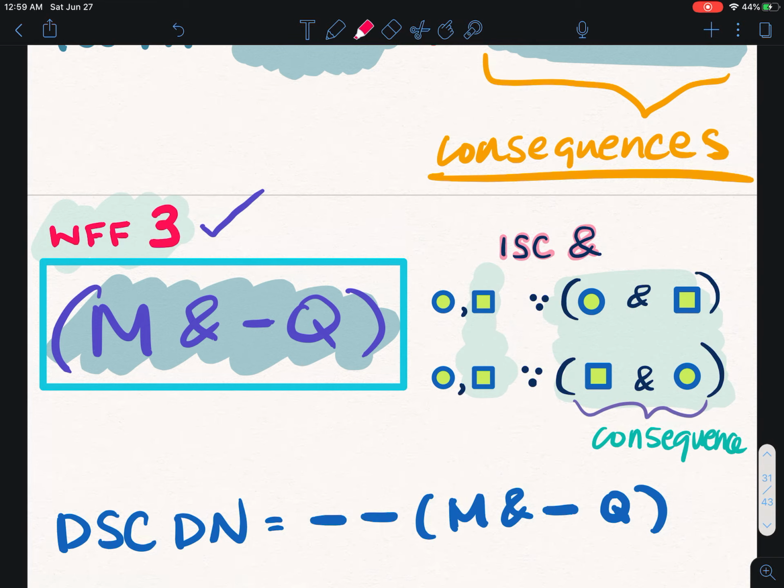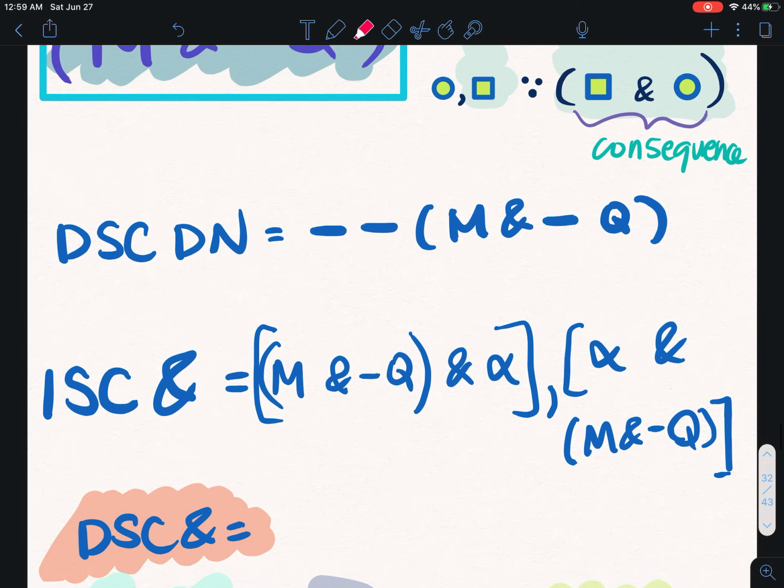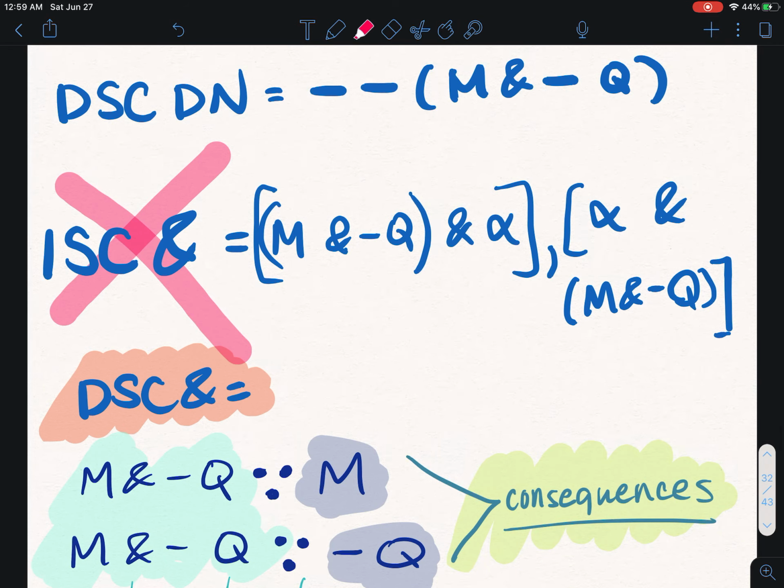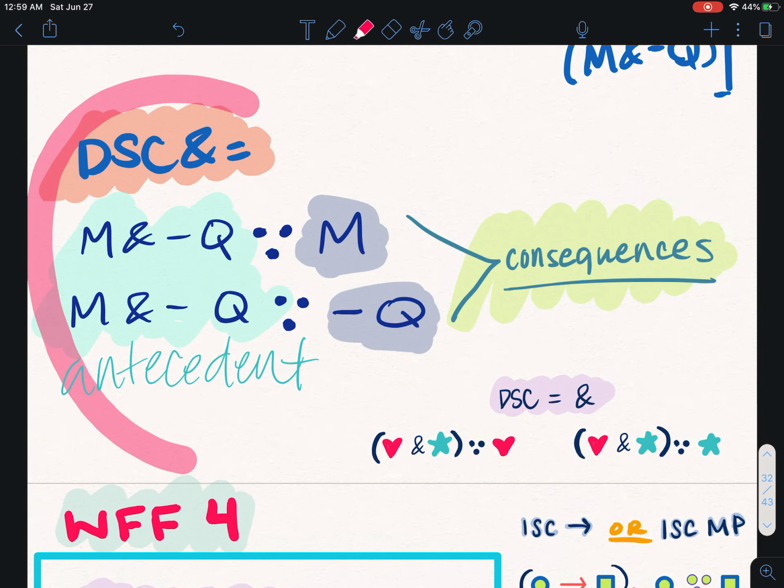So let's see. There is no left and right on this one. It's just one side. So it's not this one. It's not this one because we need DSC. So we have this one here. Okay.